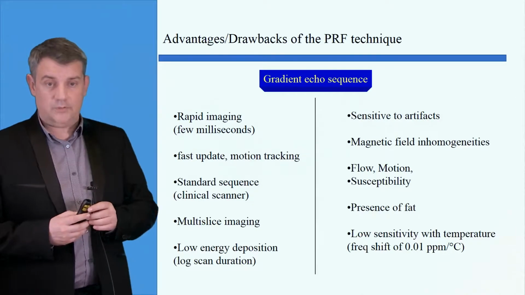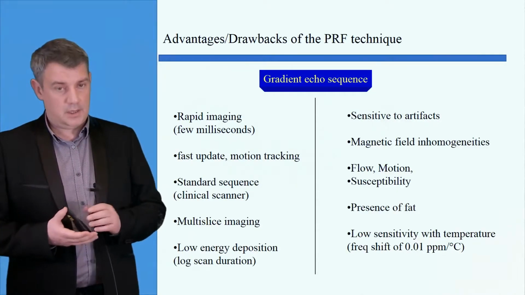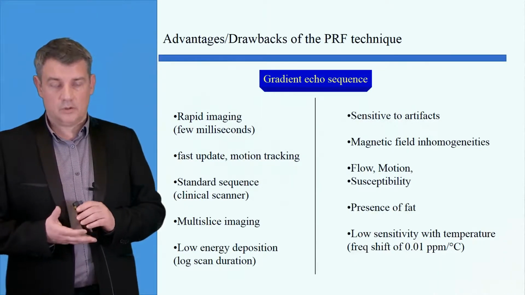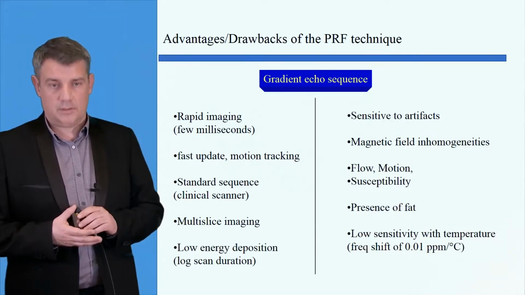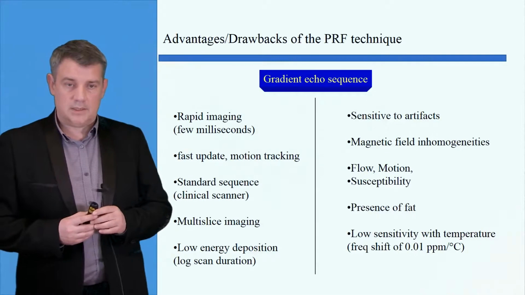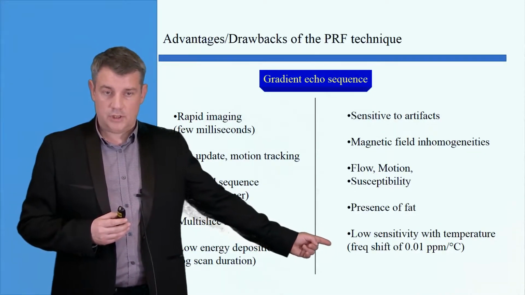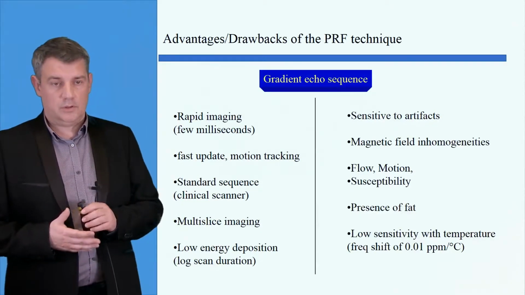As I said before, if you are trying to do MR thermometry in a tissue that is full of fat, it's very difficult because this technique is not working in fatty tissue. For example, if we are thinking about breast applications. The other point is that it has quite low sensitivity to temperature, so the frequency shift is only about 0.01 ppm per degree, which is quite low.